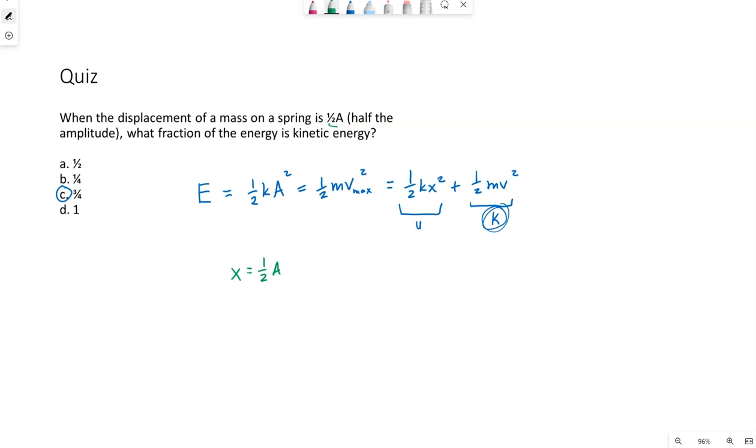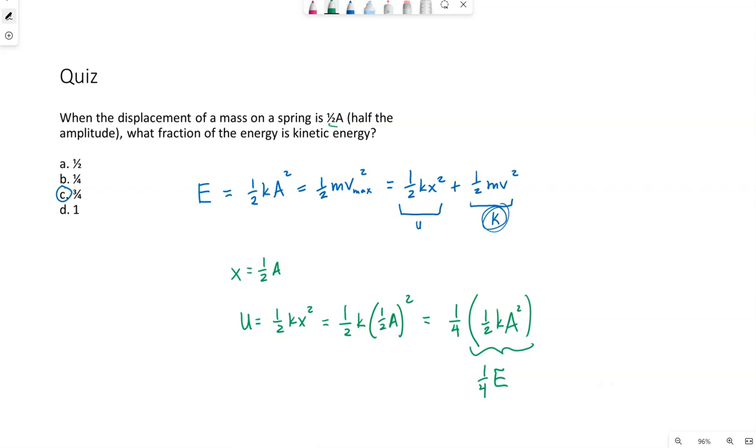That means the potential energy, 1/2 kx squared, if I plug this 1/2 A in, I get 1/4, so I'm just squaring the 1/2, and that's leaving me with 1/4 times 1/2 kA squared. 1/2 kA squared is the total overall energy, the mechanical energy of this system.